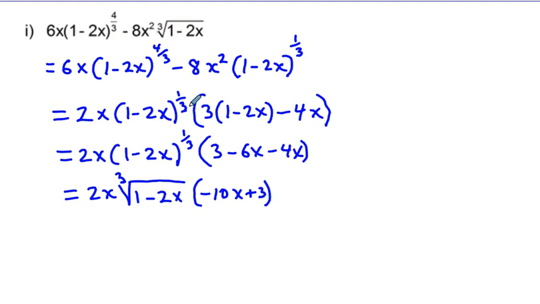Was that right? Something might be wrong here. Negative 4x, that's right. Yeah, I think that's right. I might have made a minor mistake on this.